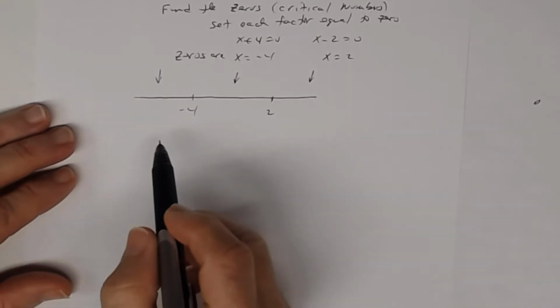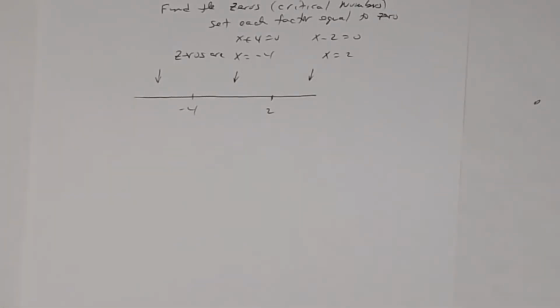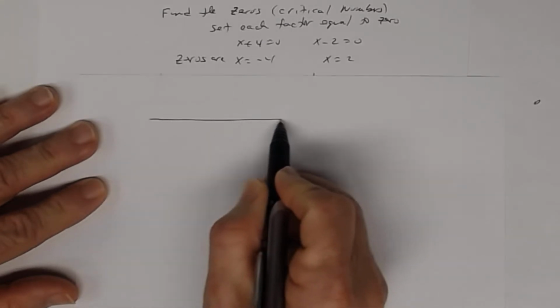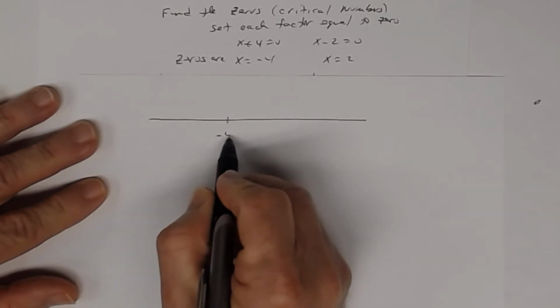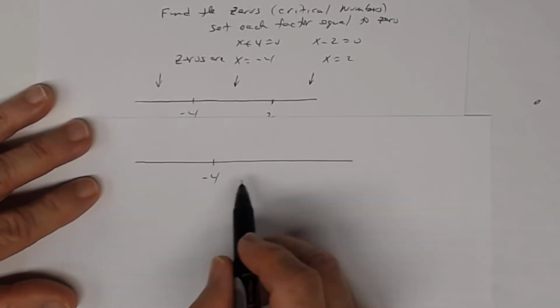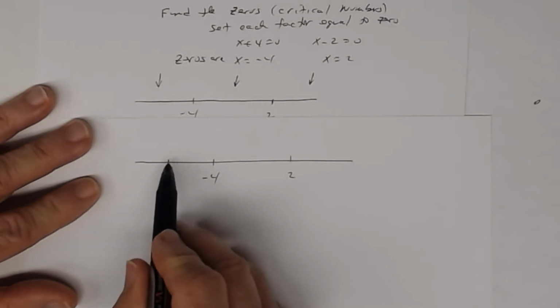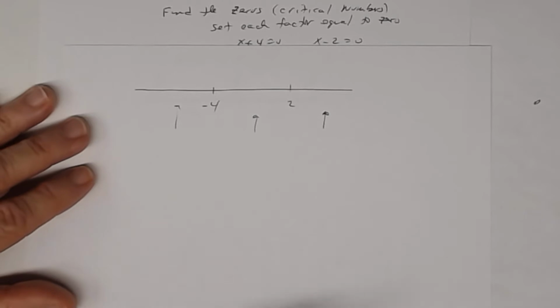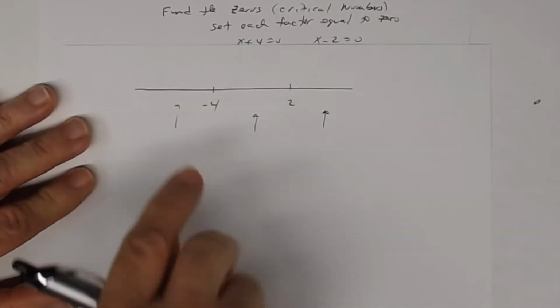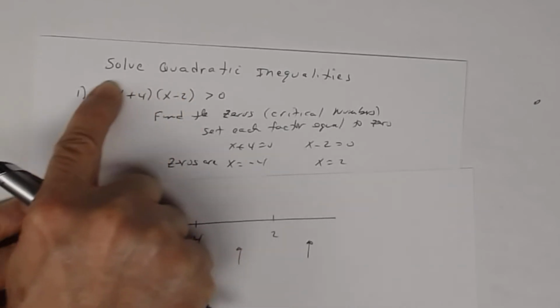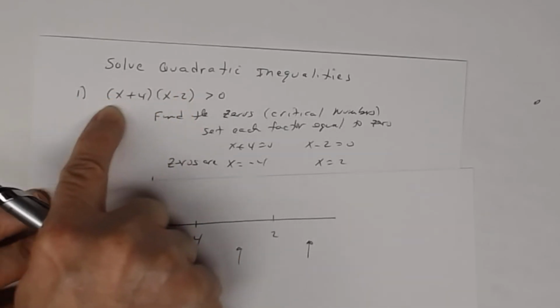So in other words, let me go ahead and draw this over. In this case, my zeros are -4 and 2, and there are 3 intervals. There's this interval, this interval, this interval. Okay? So the question is this. In this interval, is this product positive or negative?